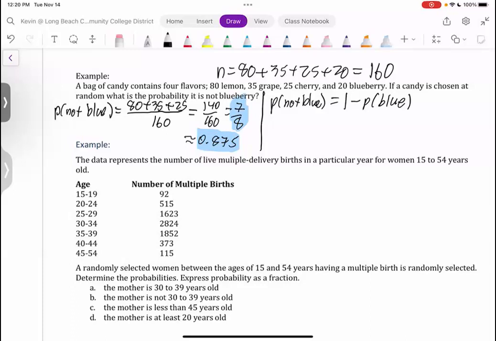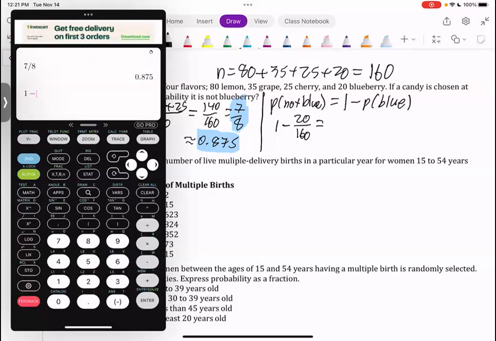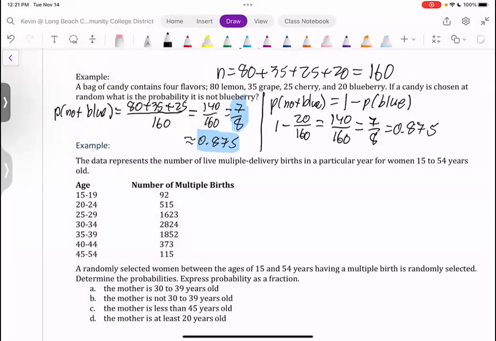That means this is going to be 1 minus. There are 20 blueberries. And you can see we end up with 7/8 again. So you can see we're getting the same answer either way.